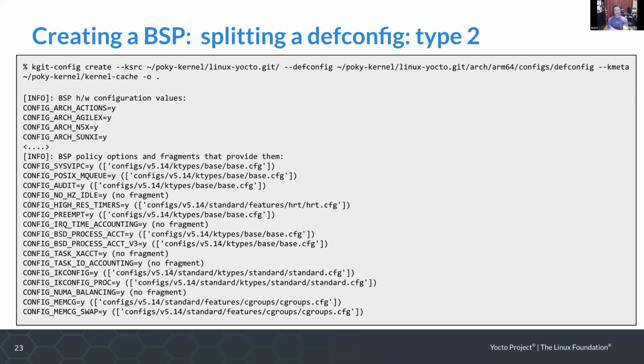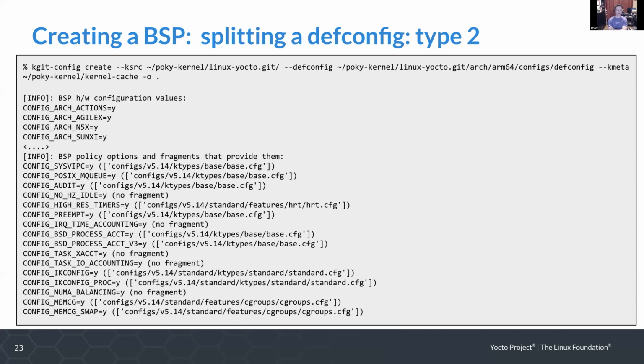And if you run it with the reference features that we have for configuration fragments, it will go through and say, hey, if you want to turn config audit on, you would have had that if you used the base ktype. Or if you want to turn on SysV, they're base, and if there's something that's not mentioned, there is no feature fragment for it, it tells you there is no fragment that references that option.